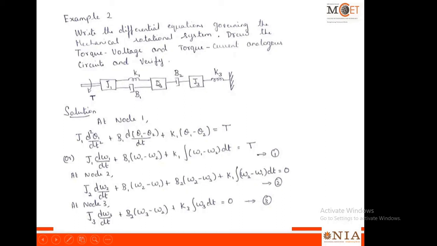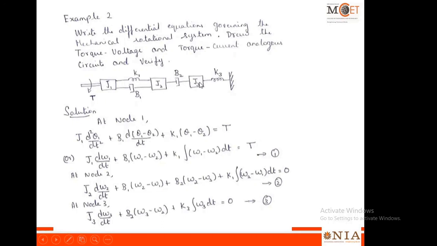And again, the equivalent element for J2 is C2 in torque current. So that was connected only to node 2, that is node 2 and ground. Whereas this B2, which was connected between node 2 and node 3, the equivalent element is R2, which was connected between node 2 and node 3.